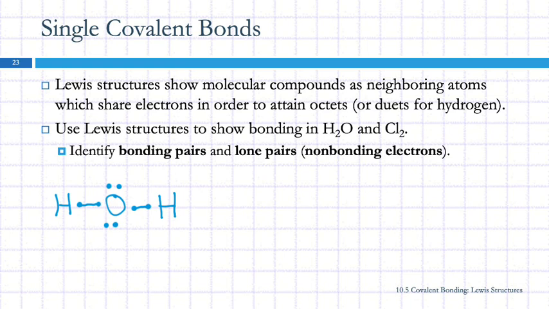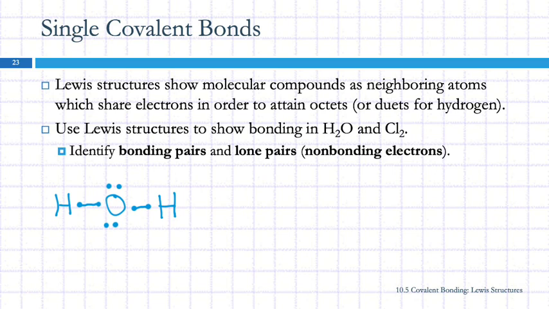So sharing is a good thing, right? They can't agree on who's going to lose electrons to make somebody happy for an ionic compound. They're going to share. And this is a covalent bond because they are sharing valence electrons.